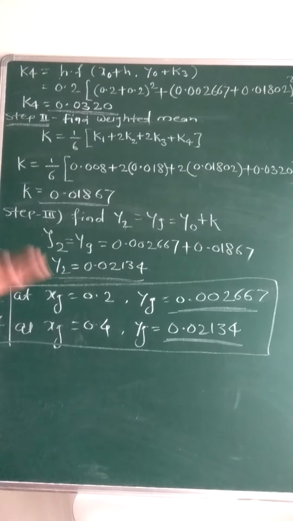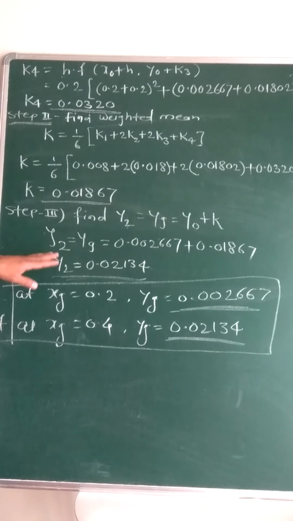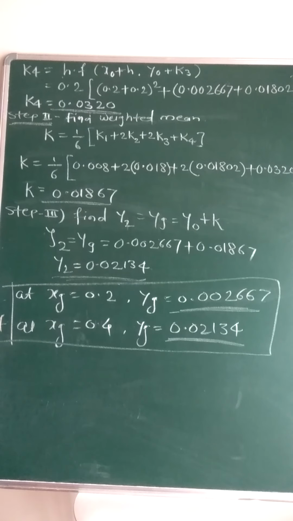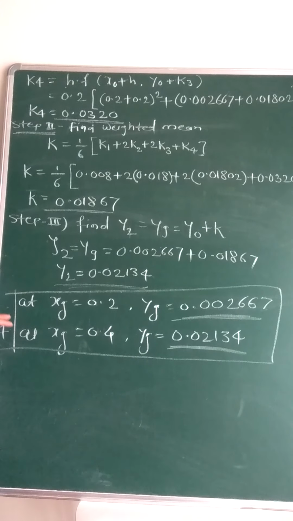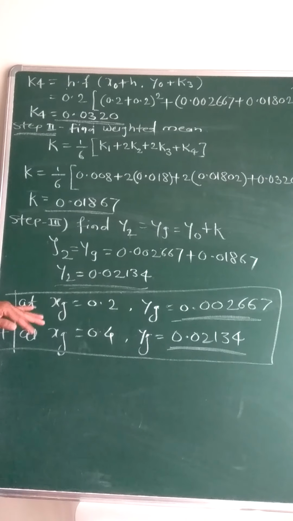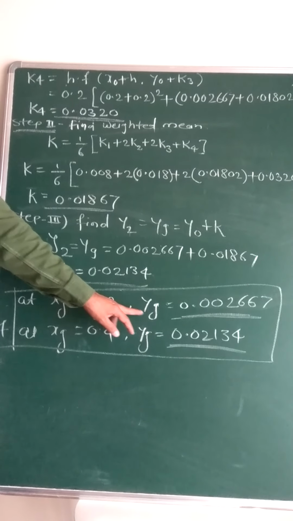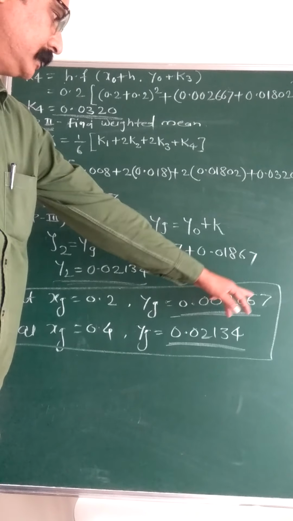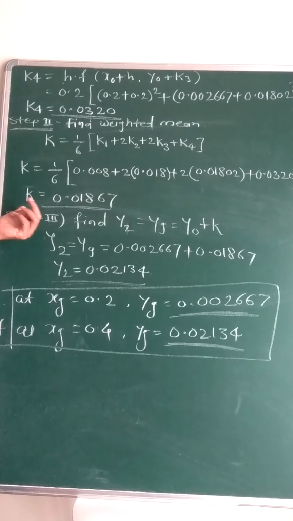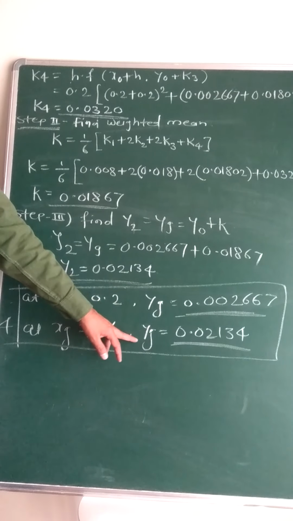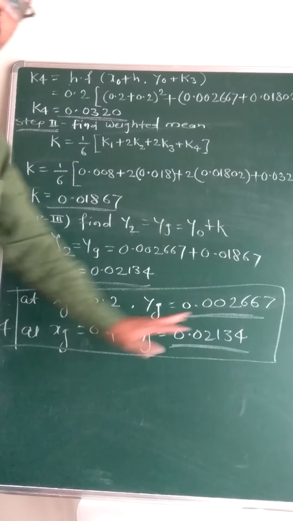It means that after the second iteration the value of y2 is equal to 0.02134. Therefore finally, after the first iteration, when xg is equal to 0.2, the value of yg is equal to 0.002667, and after the second iteration at xg is equal to 0.4, the value of yg is 0.02134.